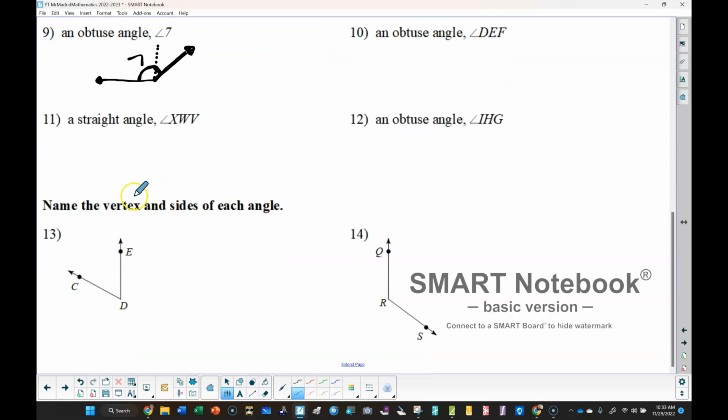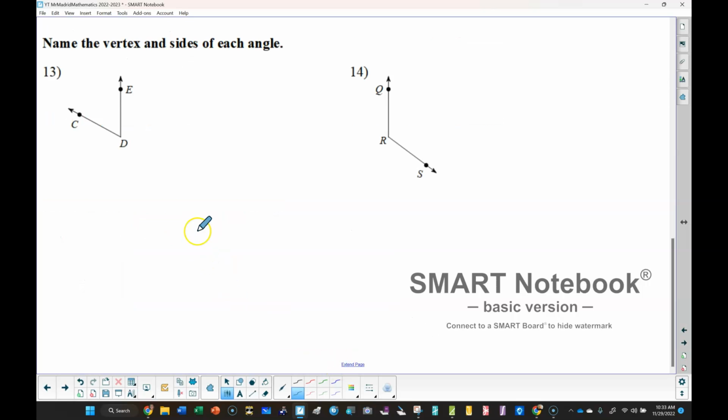Let's move towards 13. This one says name the vertex and sides of each angle. For 13, what would be the vertex? We'll put V for vertex, and you can pause the video and think about it. If you said D, great. As far as the sides, you want full credit, so all you have to do is follow your notes in your notebook.